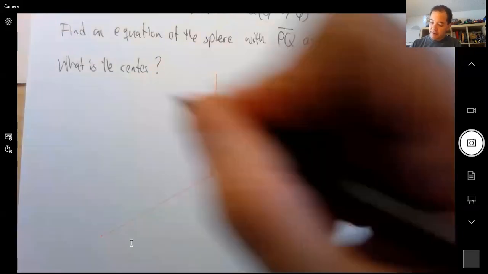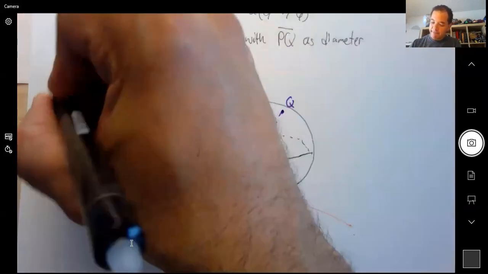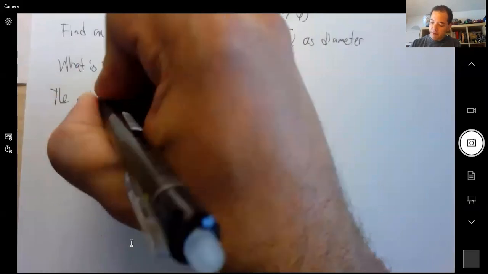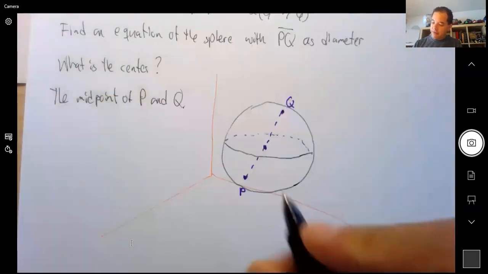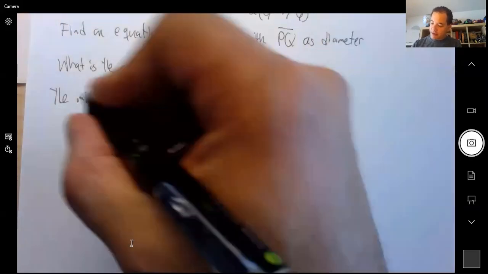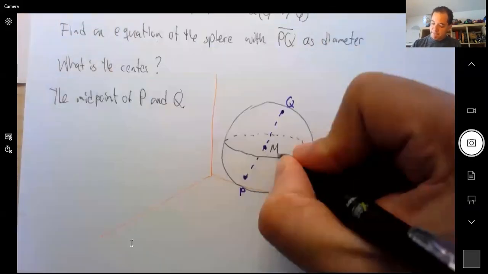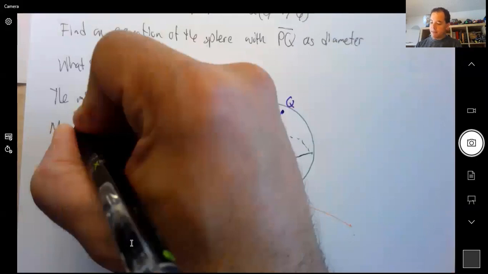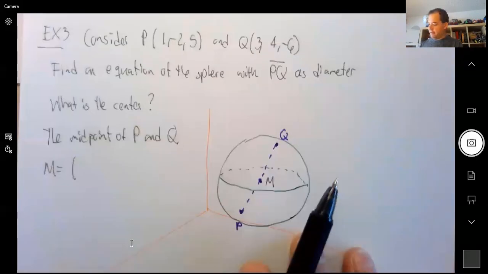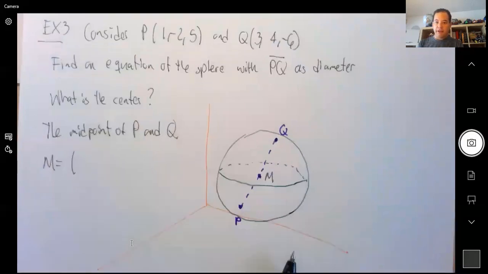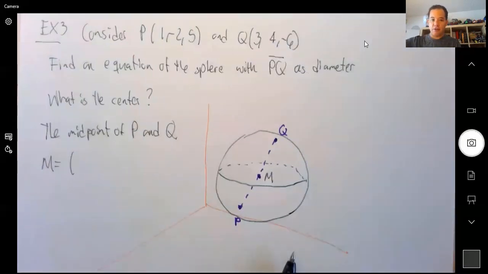So what is the center? The center is the midpoint of P and Q. And so what is the midpoint of P and Q? Let's call it M. Remember how to get the midpoint? We're supposed to do the average of the X coordinate, the Y coordinate, and the Z coordinate.